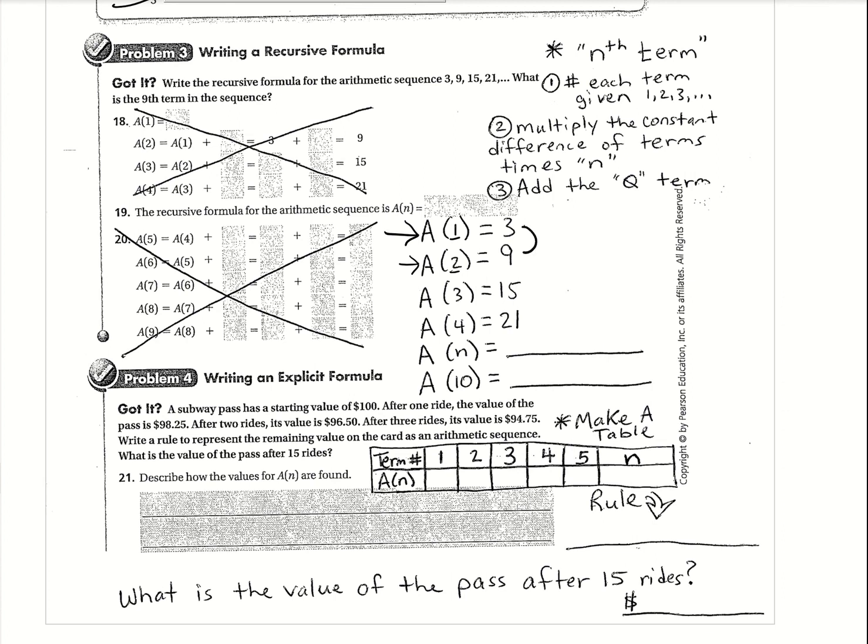You can see we're going up 6, plus 6, plus 6, so the constant difference is 6, and you multiply that by n. Your third step is to add the 0 term. We don't have a 0 term, so that's one you would need to find.